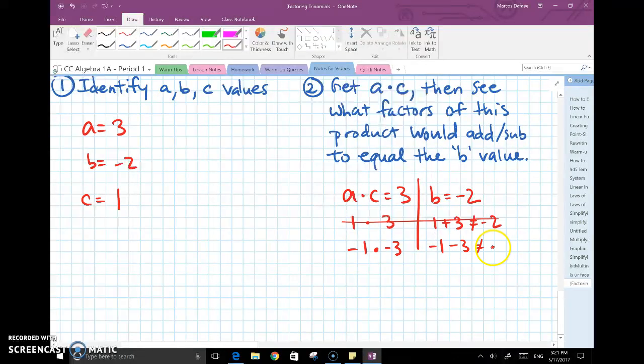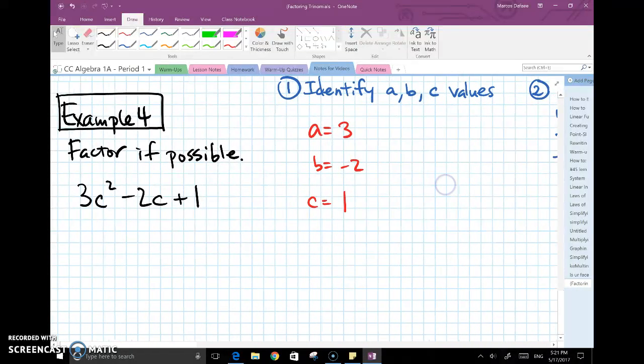Man, that's also not equal to -2. So these are out. Now, what happens when you have a number like 3, you've written all the factors, and none of them work? Well, the answer is if you cannot move past step 2, then this quadratic expression is not factorable.